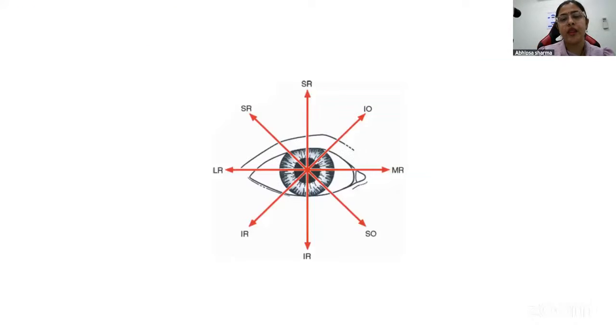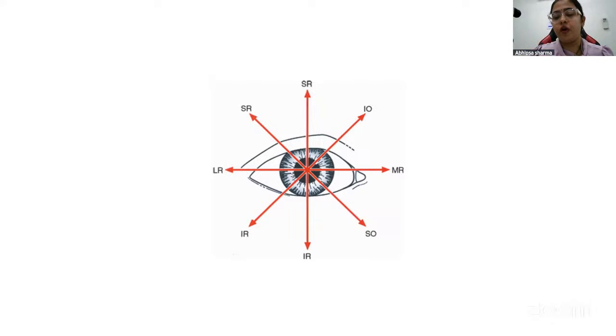So this is a pretty good diagram to understand how we have to grade the actions of the muscles. So again, I have told you how the visual axis and the muscle axis will align. That will determine in what gaze the muscle will cause the maximum action.